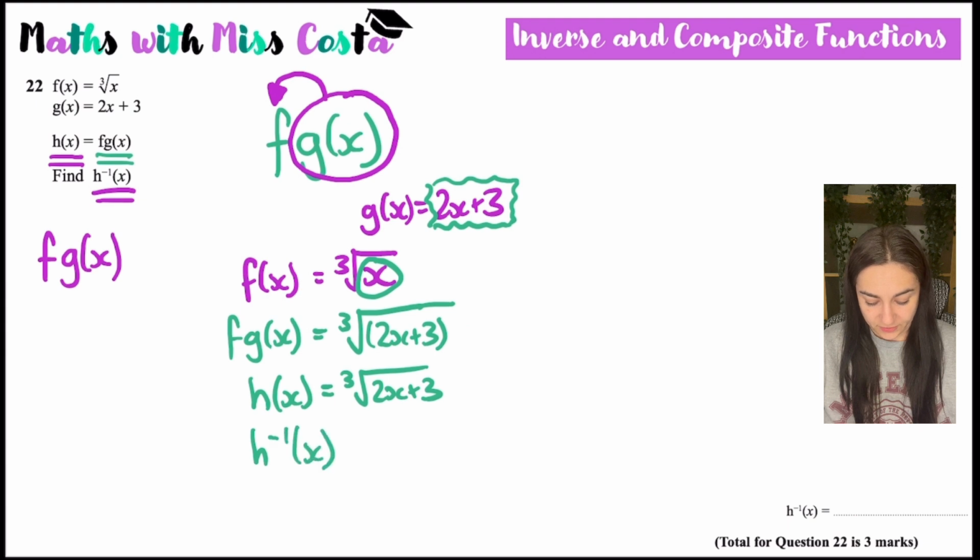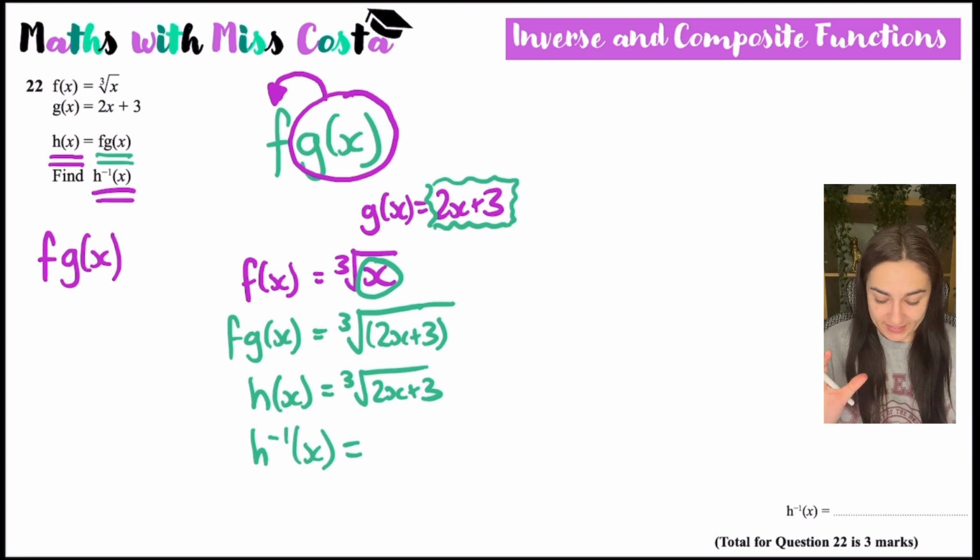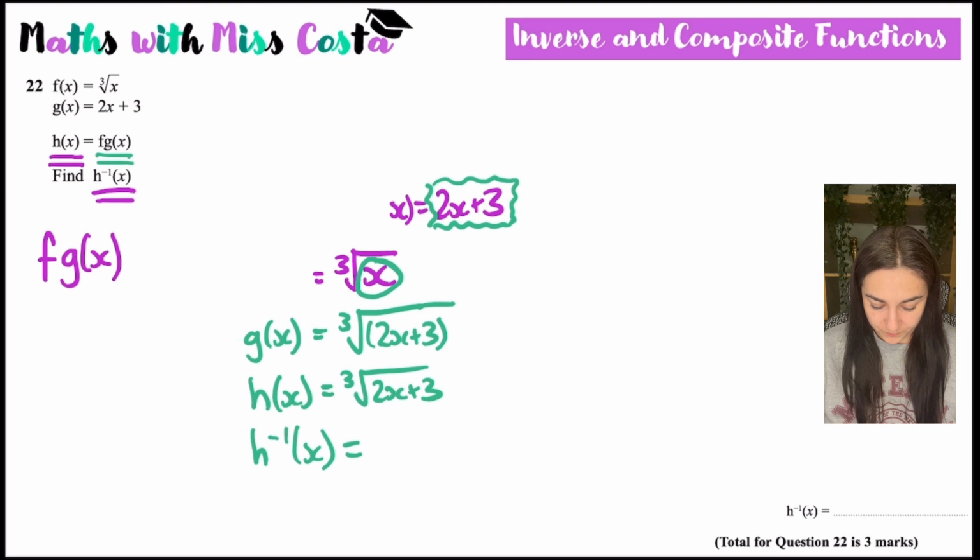So h of x is this, and to work out the inverse of h of x, there are two ways you can do this. I'm just going to show you one way that might be helpful. If it's not, then you just do the other way, which is absolutely fine. So let's just actually think about what's happening, because this is functions after all.